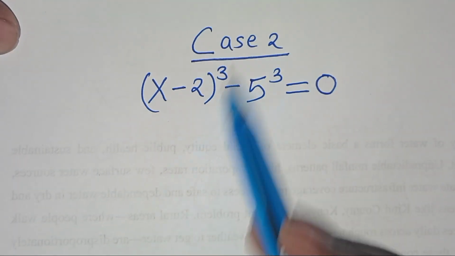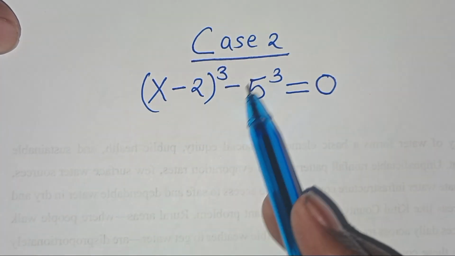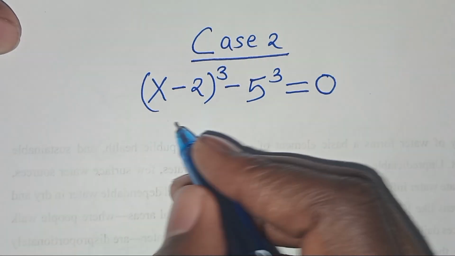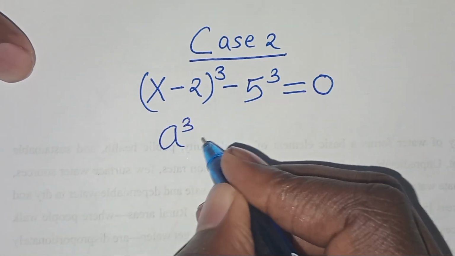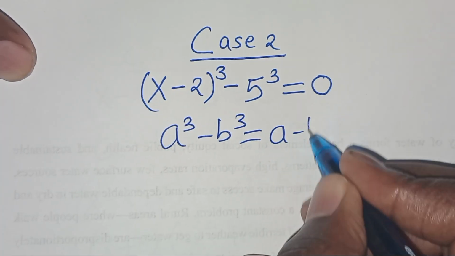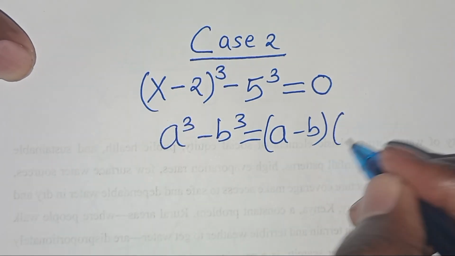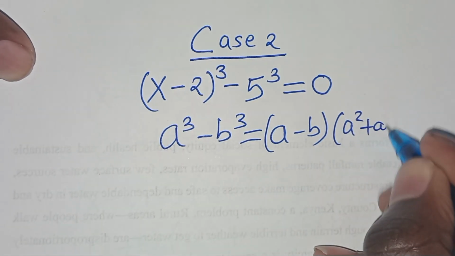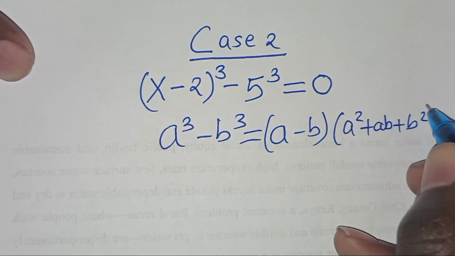Now in case 2, we have (x minus 2) to the power 3 minus 5 to the power 3. This is in the form of a to the power 3 minus b to the power 3, which we can express as (a minus b)(a squared plus a times b plus b squared).